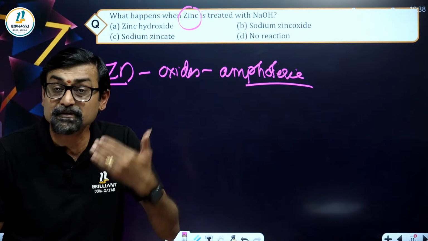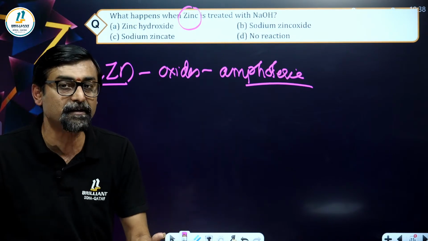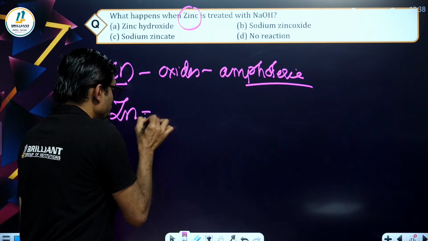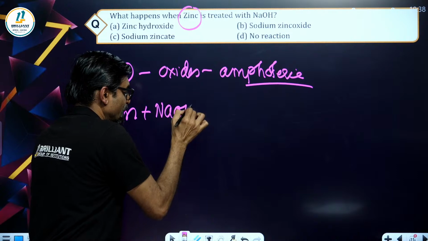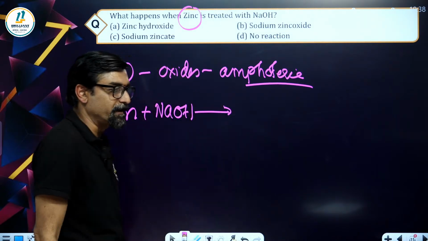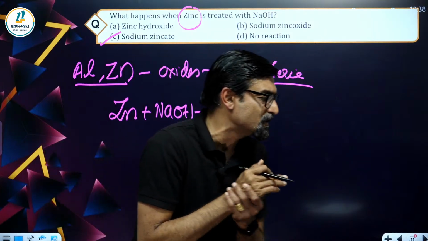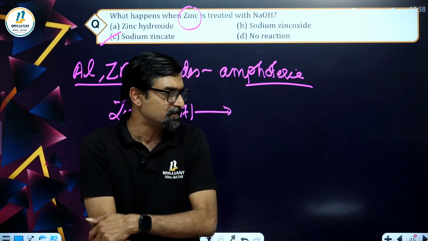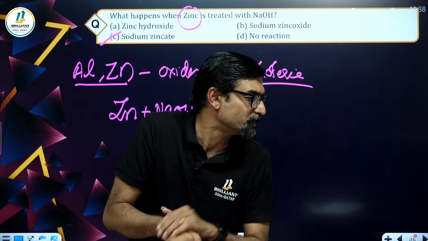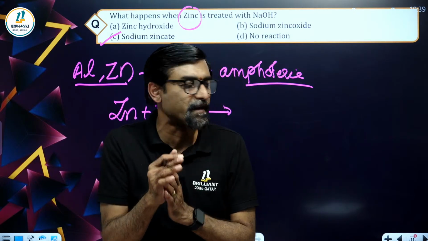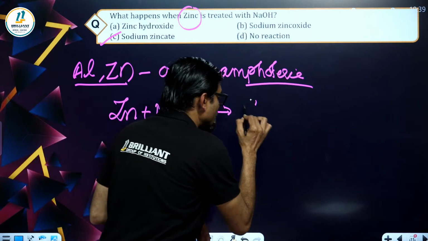So here he is asking to treat zinc with a base. Zinc with base forms, what is the option? Can anybody tell me the formula of this sodium zincate? Sodium zincate along with hydrogen.